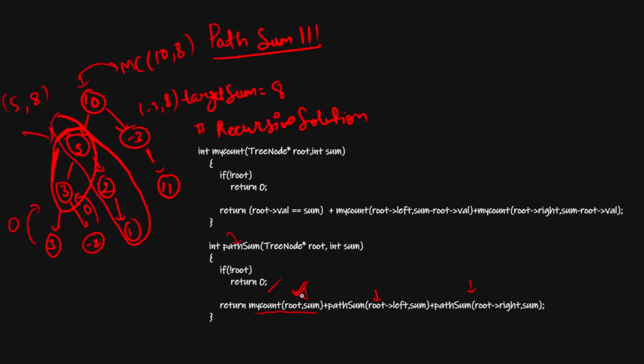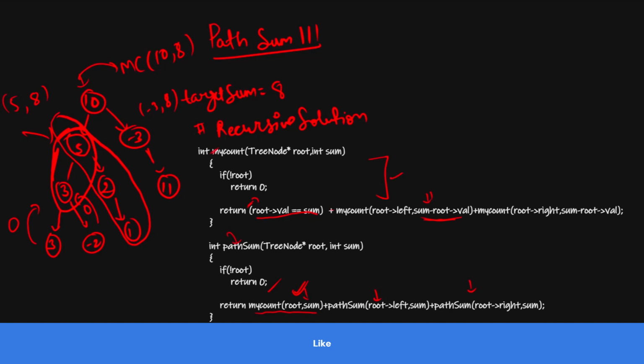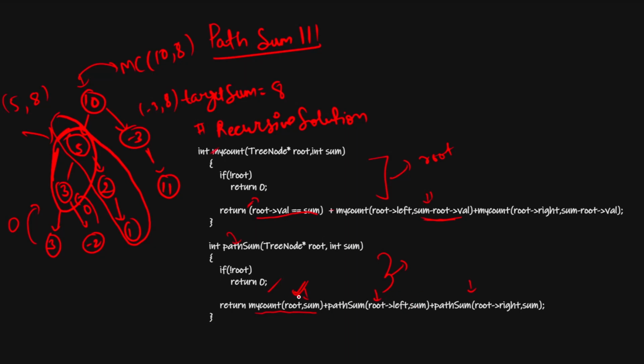The count function works by including the sum, plus calculating its left and right minus the current value. Here I am finding all the combinations with root and without root. So this is our simple solution.